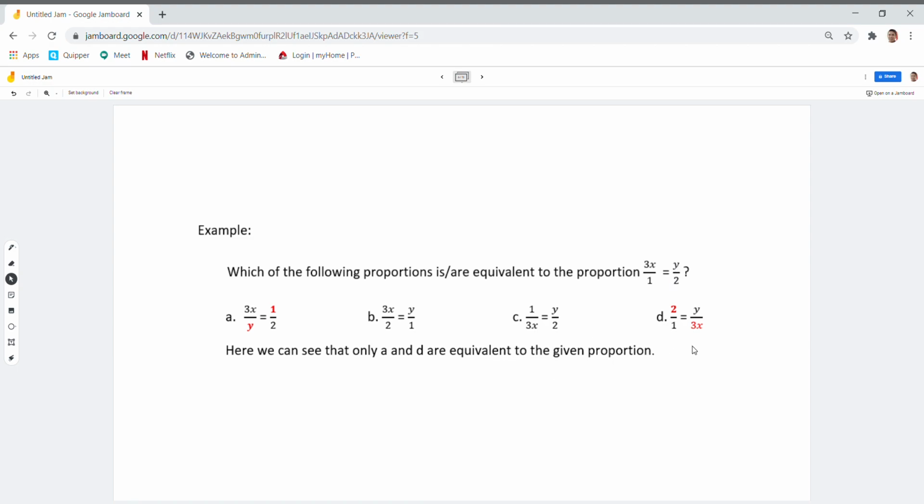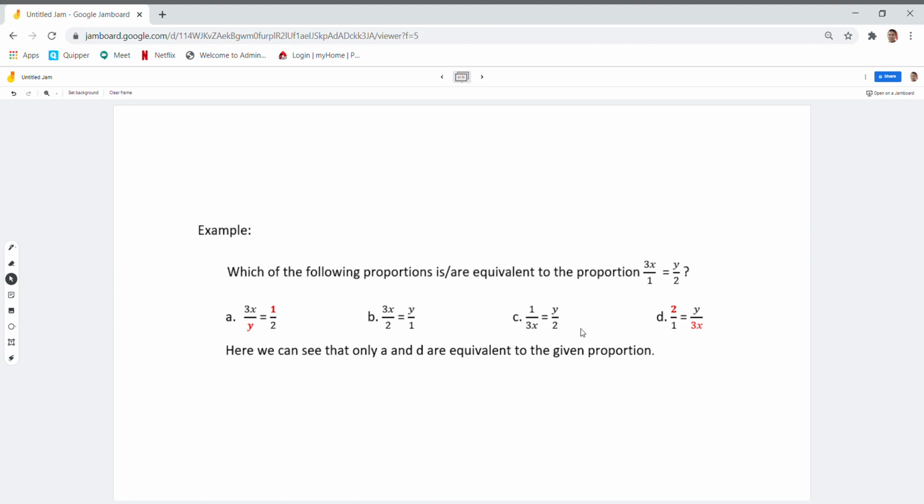Letter D as well is equivalent to the given. Why? This is just interchanging the extremes. Your 3x becomes 2, your 2 becomes 3x. And so you can conclude that letter D is an equivalent proportion to the given above.